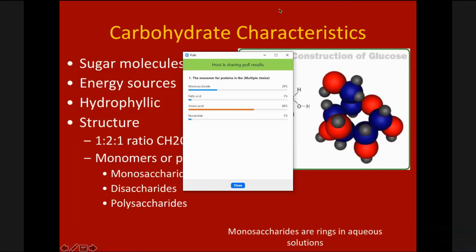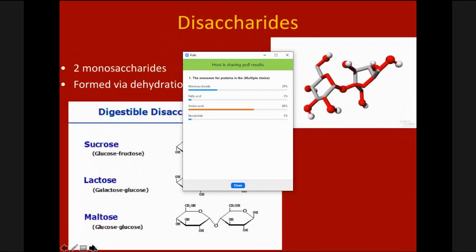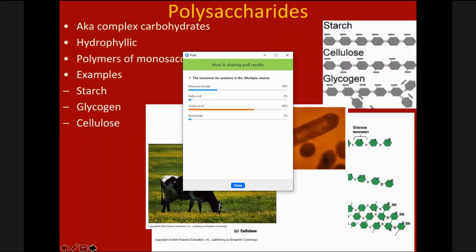Our second category of molecule, carbohydrates, right? So we learned about monosaccharides and how there's a whole variety of monosaccharides, the monomer for carbohydrates. We talked about how you can put monomers together to build polymers, right? So we talked about monosaccharides and disaccharides, which dietarily we usually refer to as simple sugars that are quick, easy access to sugar molecules for energy purposes, versus complex carbohydrates, which are larger chains of monosaccharides.